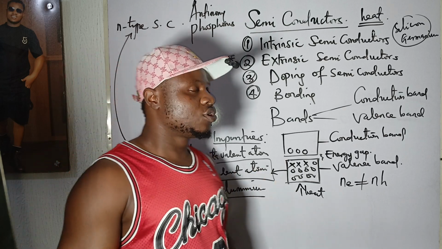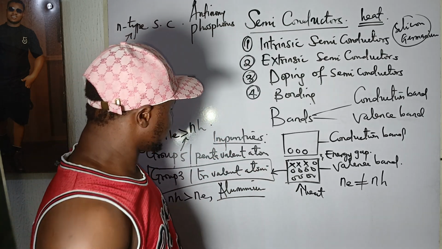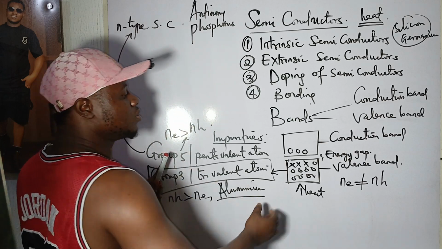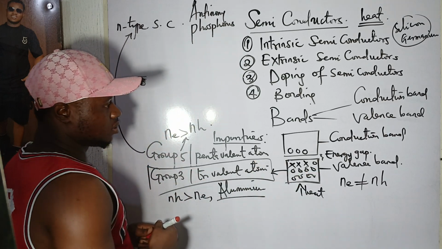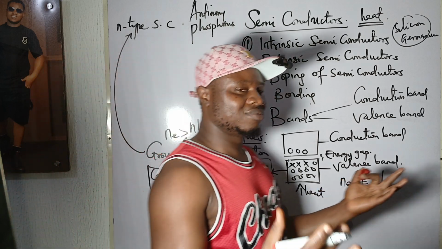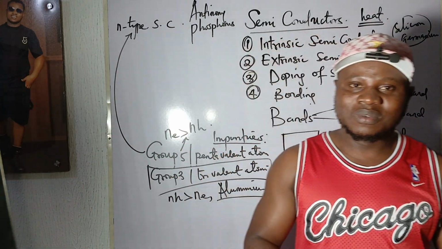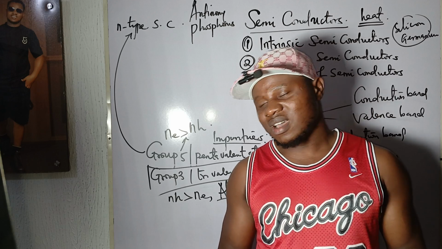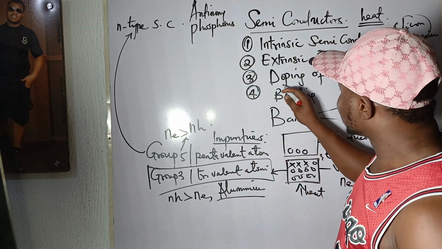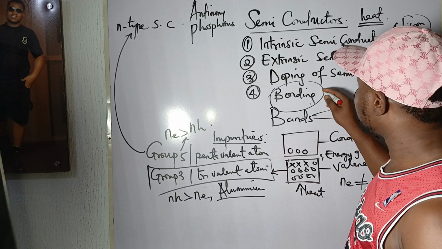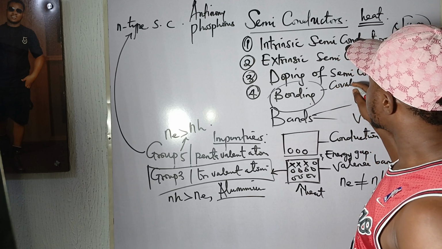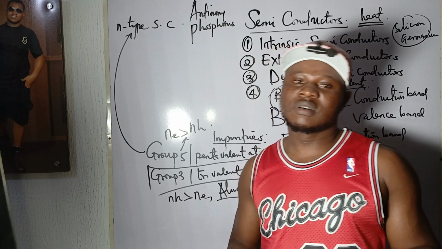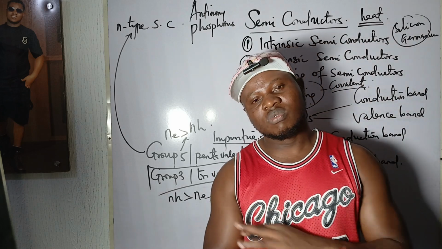Do you understand? Now, when these group 3 or group 5 atoms are bonding with semiconductors, you can see they are joining with the semiconductor to form a bond. And that bond is called a covalent bond. So whenever you come to an examination and you are asked which bond forms in a semiconductor, don't waste your time.